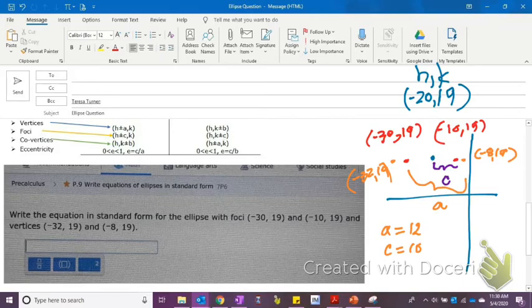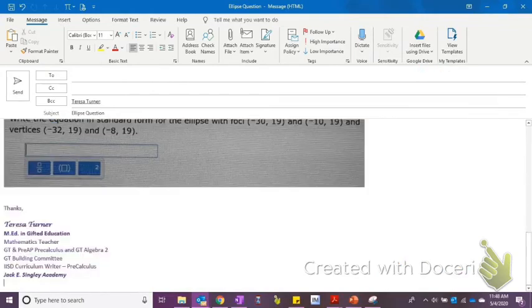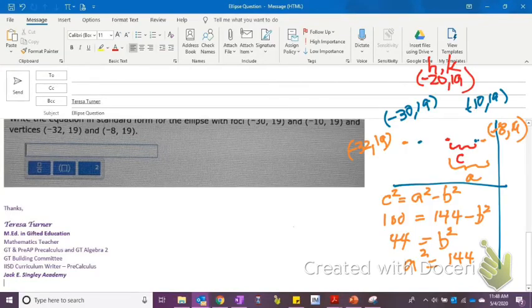And from our formula that we're given above, we know that 10 squared is equal to 12 squared minus B squared. Having done the calculations for A squared and B squared based on the distances where A is equal to 12 and C was equal to 10, then we find that B squared is equal to 44.